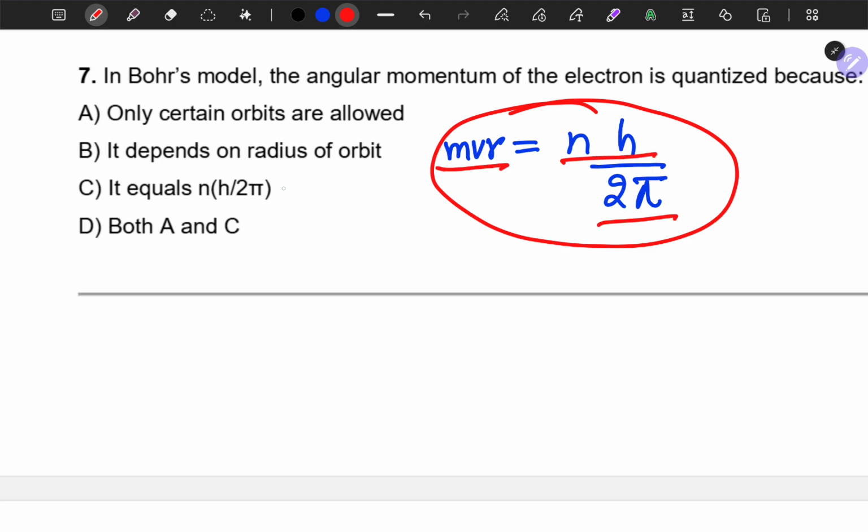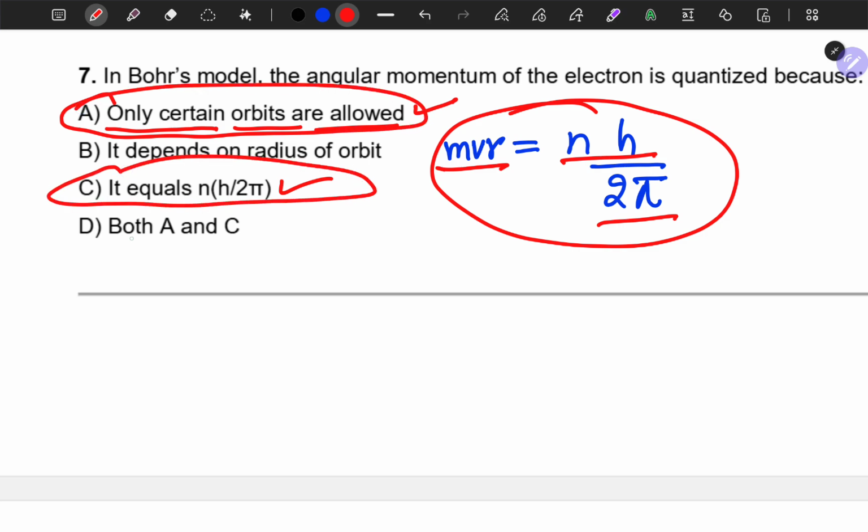So option C is correct. Also option A is correct, because only certain orbits are allowed. So both option A and C are correct, so option D will be the final correct option. Anyone who just picks A or C will not have the correct option.